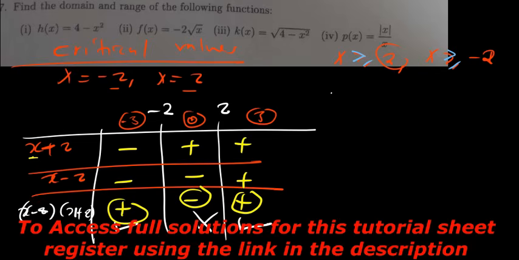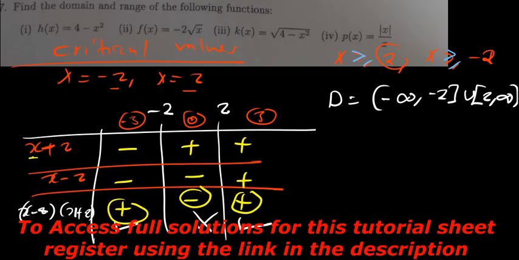The domain will be starting from negative infinity all the way to negative 2, include negative 2, then jump, starting again from negative 2, negative 2 is included, all the way to positive infinity. That's my domain.